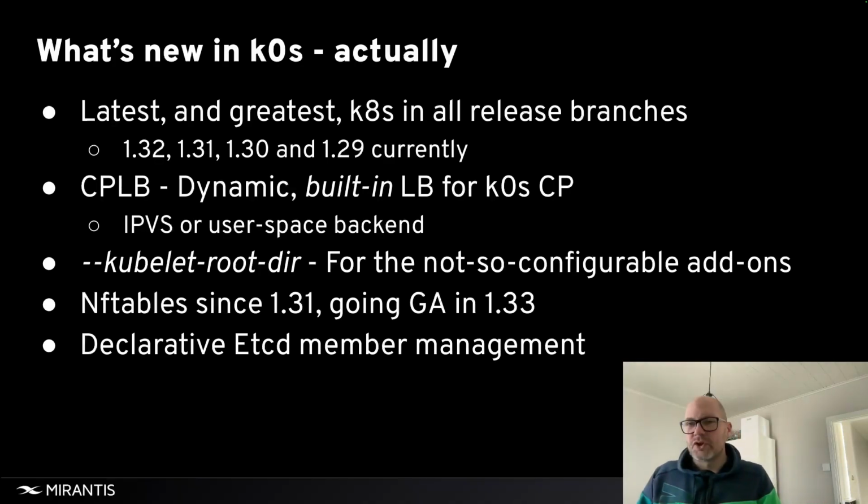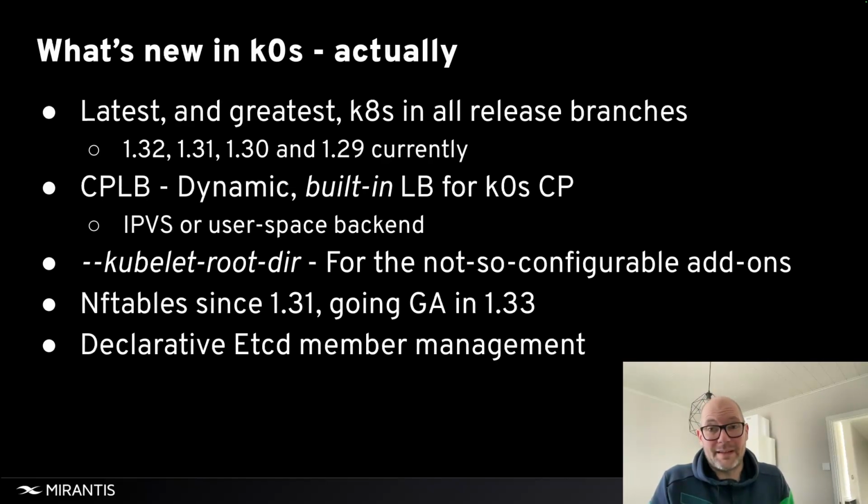What we've unfortunately found out is that in the ecosystem, there's still some amount of components that don't really allow any configuration where kubelet data is. So there's components that have basically hard-coded the var lib kubelet path in some of their code.